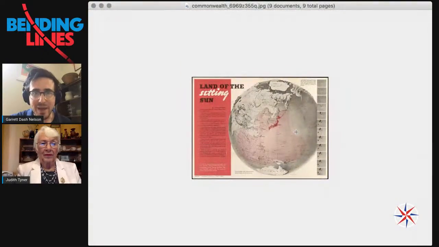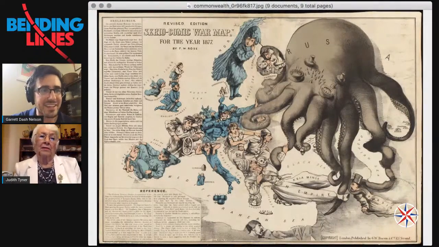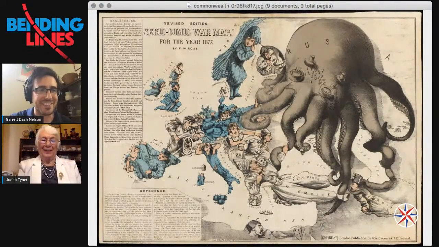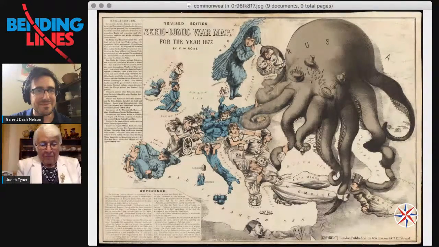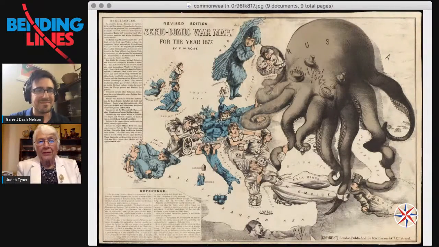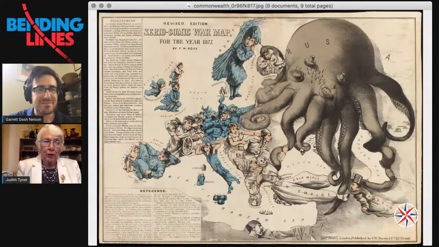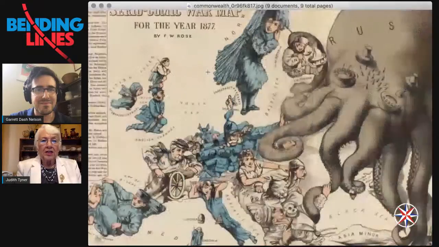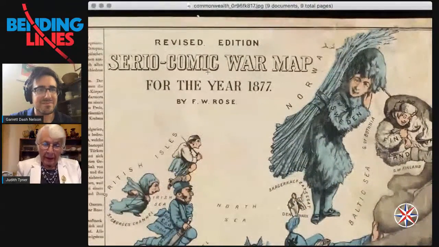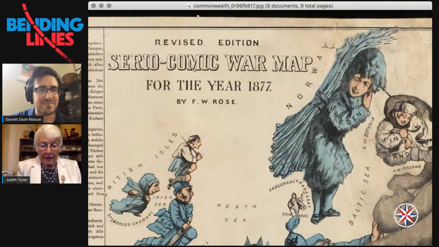Let's take a look at the next map. A classic type of persuasive cartography. Yes, this one is a favorite, the Octopus Map, and this one was from 1877 by Fred Rose, and as you can see, it's called a seriocomic map. He made a series of these, and they were very popular in the 19th century.